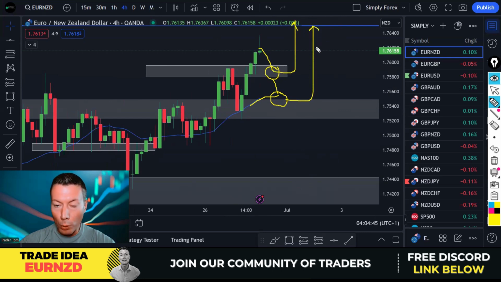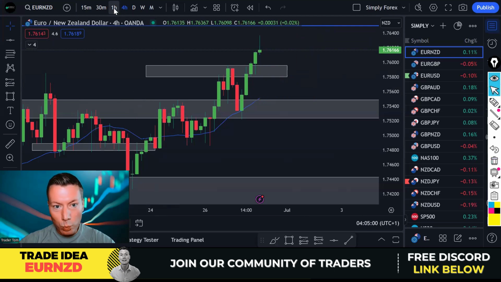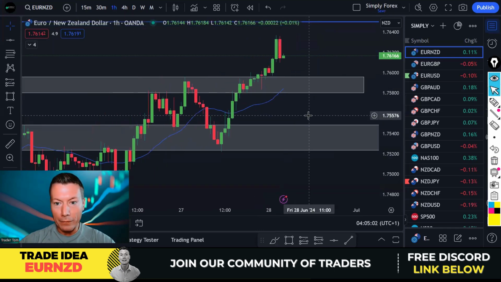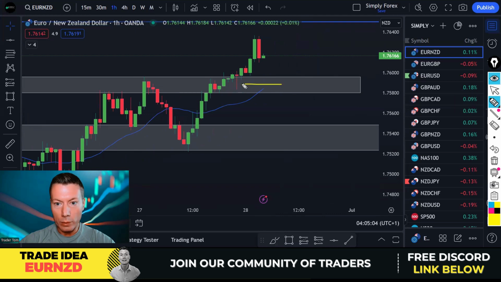It's very important to wait for that bullish reaction. If we're buying this pair, you want to see buyers enter the market. Simple as that. So that's the H4. And then the H1 is really more about the first grey zone, this level here.